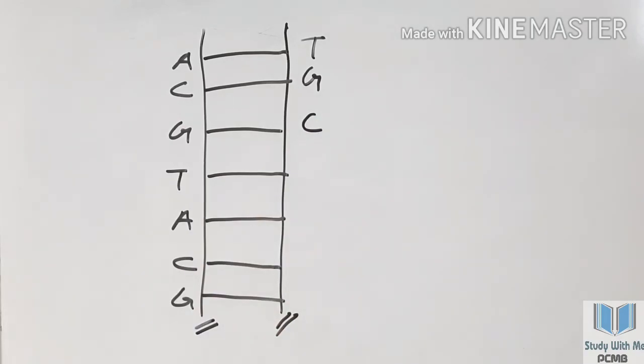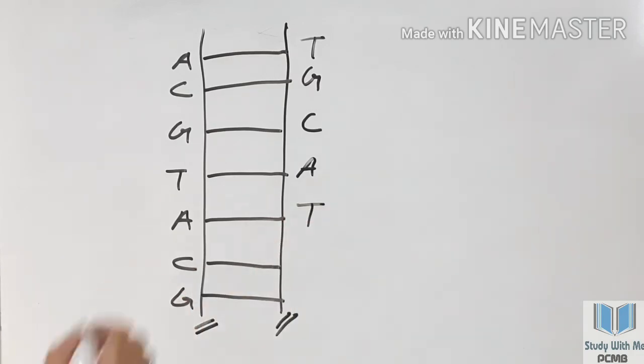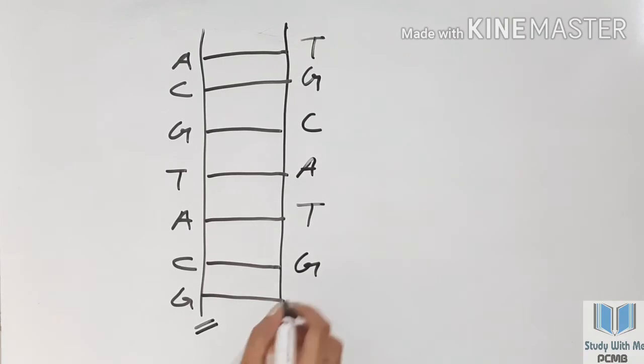Thymine always pairs with adenine. This will be the sequence. That means they are said to be complementary to each other. If the sequence of bases of one strand is known, then the sequence of the other strand can be predicted.